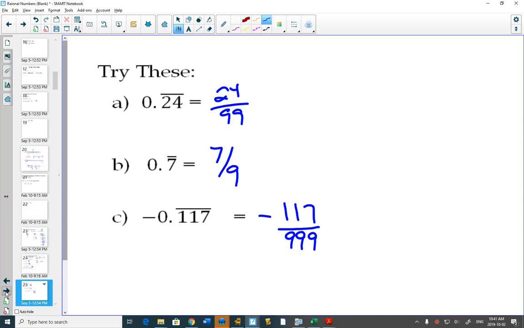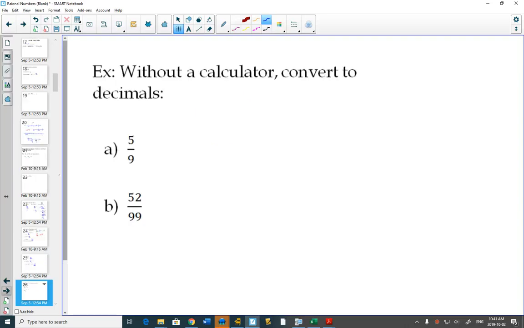So far, pretty straightforward. Not too bad. These ones, also not too bad. 5/9. 0.5 repeated. 52/99. All right, so pretty straightforward, pretty easy.